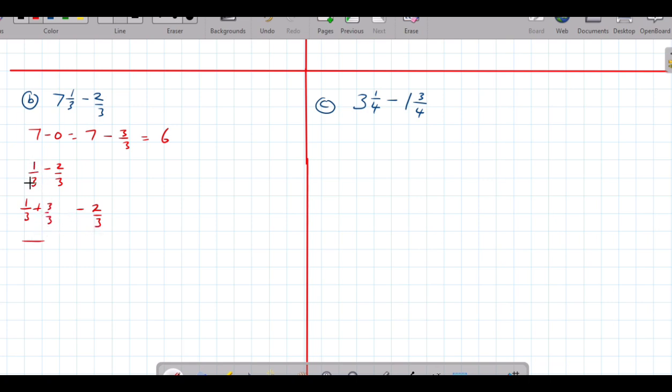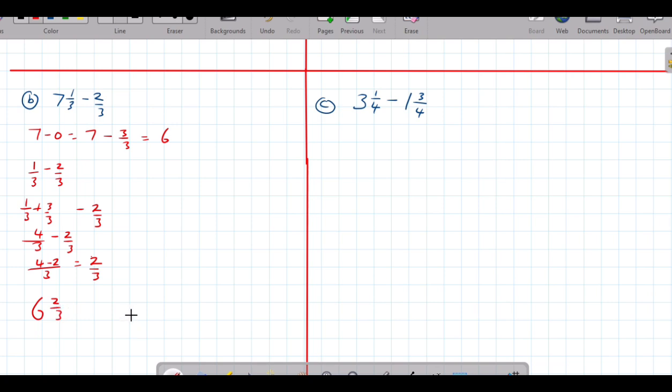So we have 4 over 3. Now we subtract the numerators, 4 minus 2, and that's going to give me 2 over 3. Now we can add our whole number that we set aside earlier. That's 6 whole number 2 over 3.